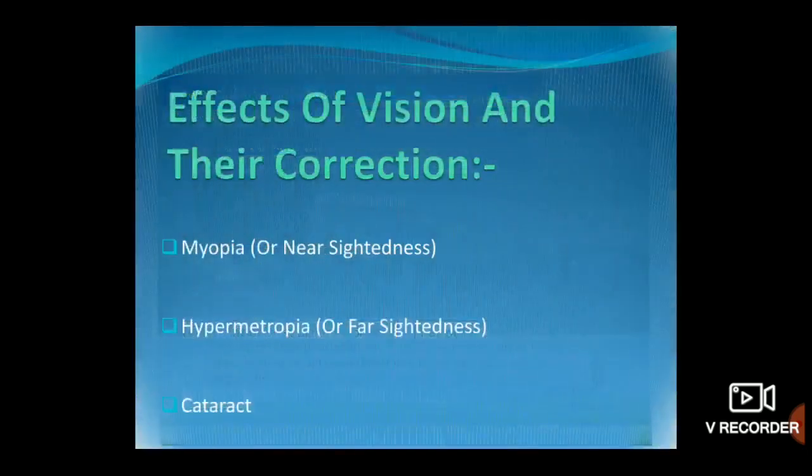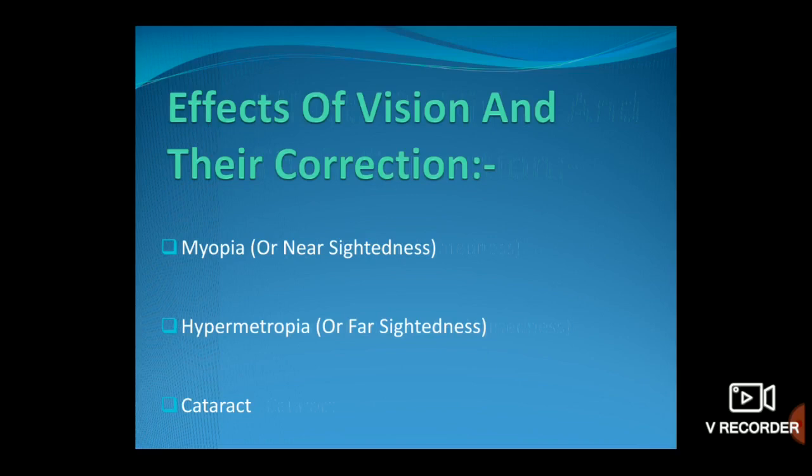So we'll move to the next topic called defects of vision and how they can be corrected. Here the normal eye can see objects over a wide range of distance varying from 25 centimeter to infinity.